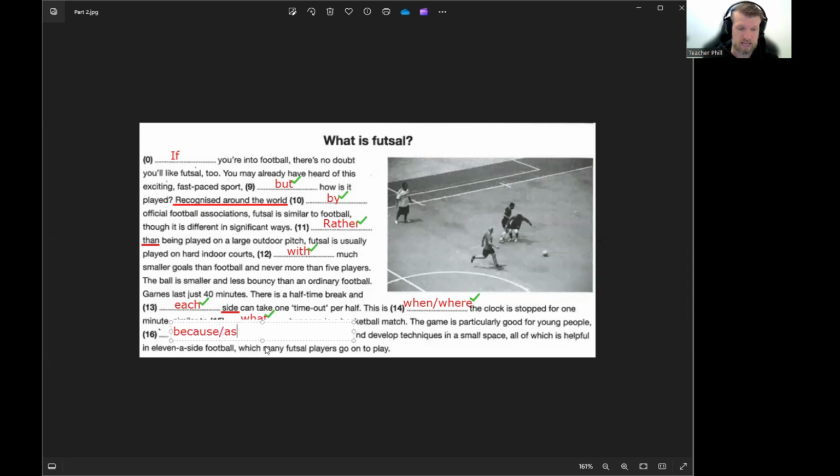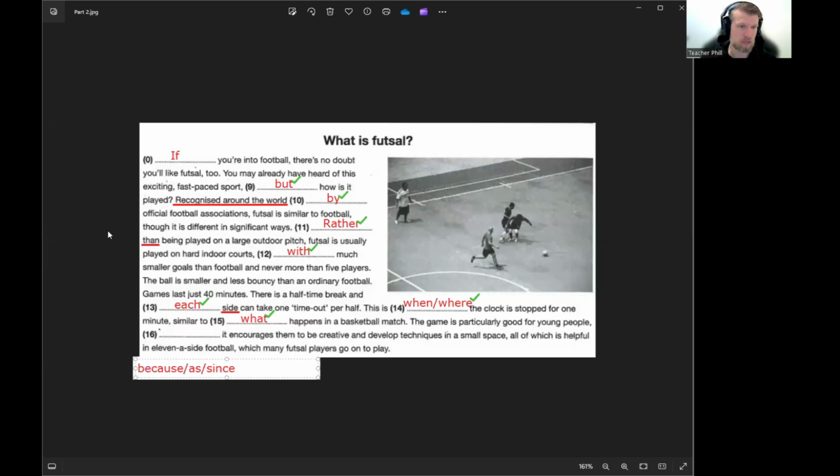We can also say as or since, which have the same meaning here as because. Let me just put this here below so you can see it better. But because I chose because, I get a tick. So once again, Teacher Phil gets all the answers right. Well done to me. I'm tapping my own shoulder.